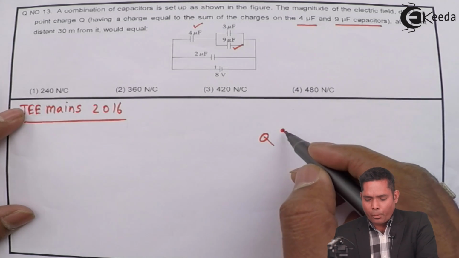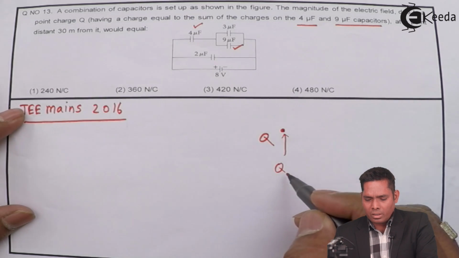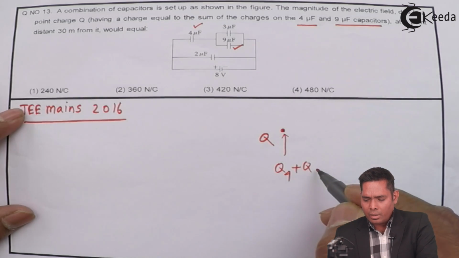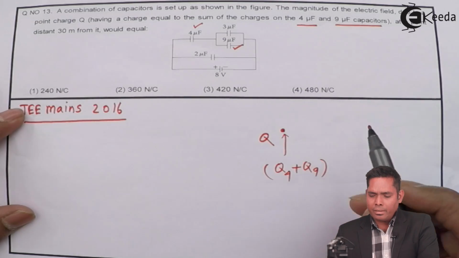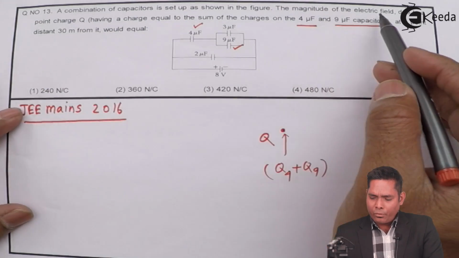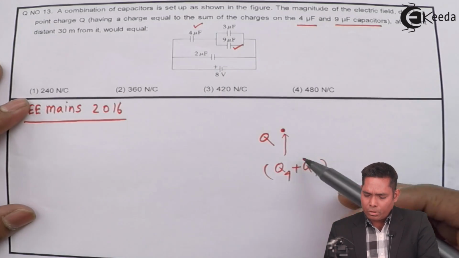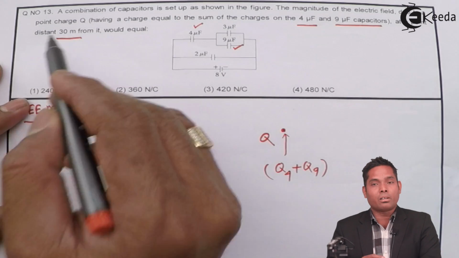So this point charge is basically the charge on the capacitor of 4 microfarad plus the charge on the 9 microfarad capacitor, and you have to find the electric field due to the point charge, which is the combination of these two charges, at a point distance of 30 meter from it.